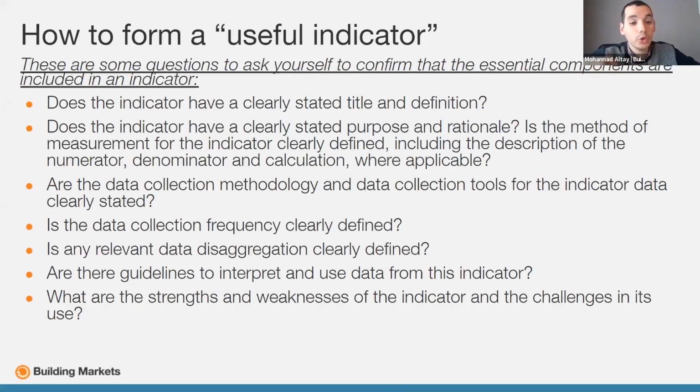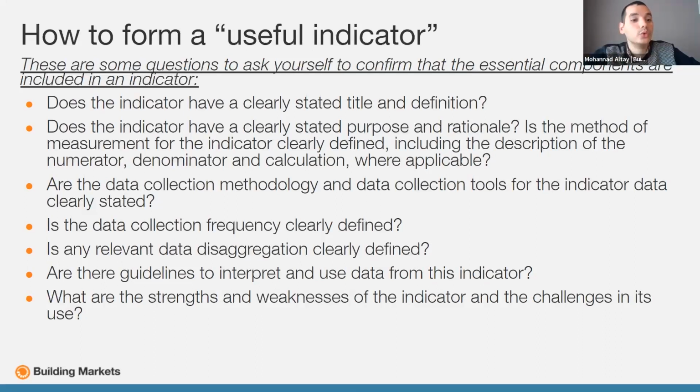When they read your title, it is important for them to easily and clearly understand what this indicator is for. That means it shouldn't be vague or open-ended. It should be very specific so that it is clear for everyone.